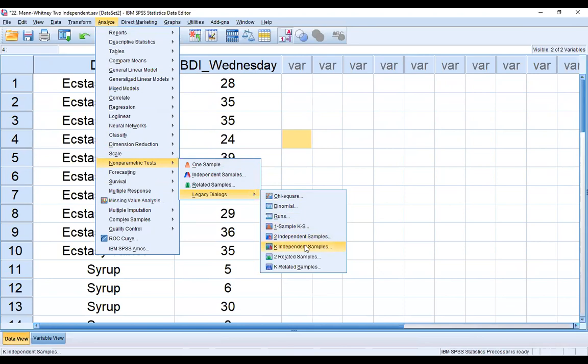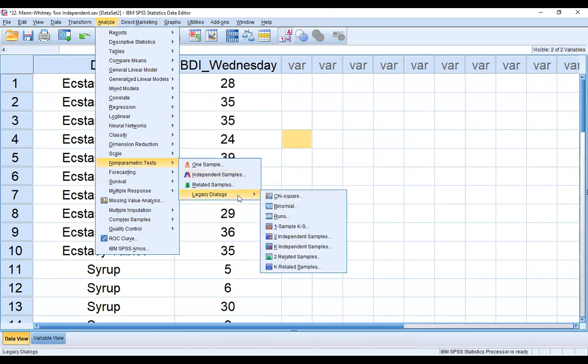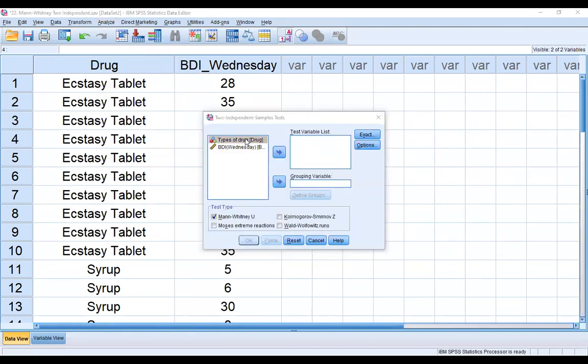So there are 2 ways to perform the non-parametric test. One is we can perform it through this way, but there is another way. We can open Analyze, non-parametric test, legacy dialog, and 2 independent samples, one Ecstasy tablet user and another syrup user. Then I am transferring the categorical variable into the grouping variable and define groups.